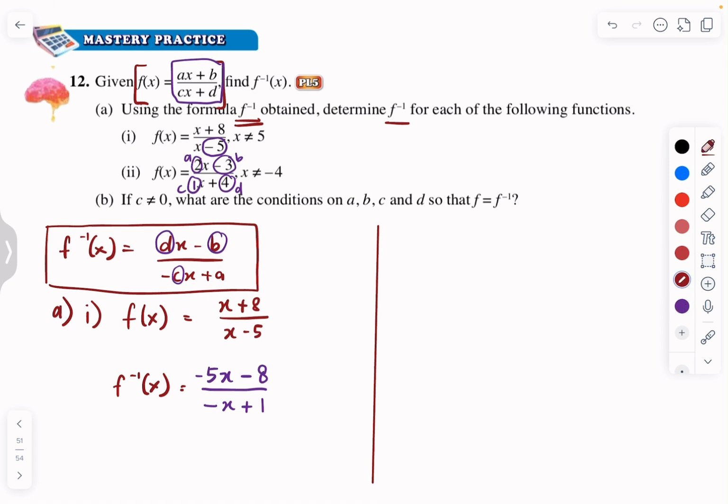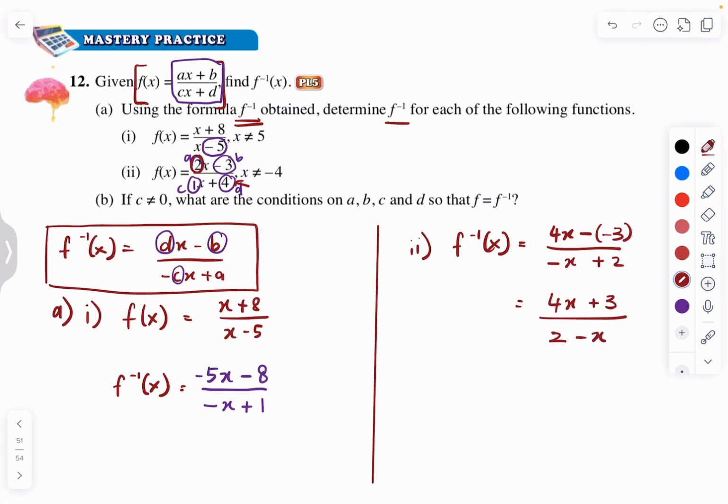So if you want to find the f inverse, it will be dx minus b. So d is 4x minus b. b is negative 3, so minus negative 3, and then negative cx plus a. So our c is 1, so negative 1x plus a is 2. Then we rearrange this, expand and simplify. You can write this as 2 minus x or negative x plus 2.